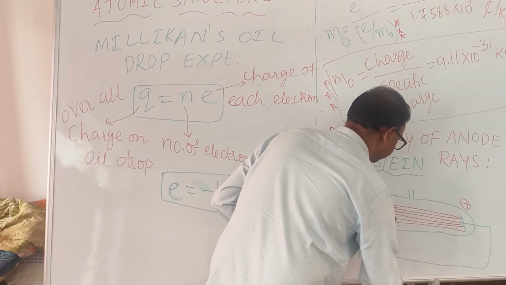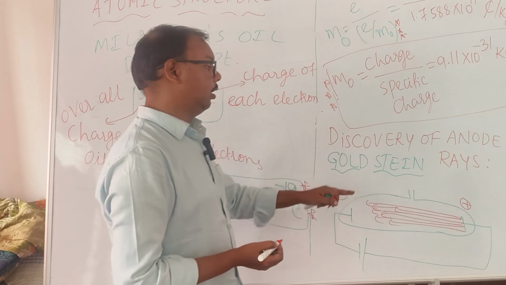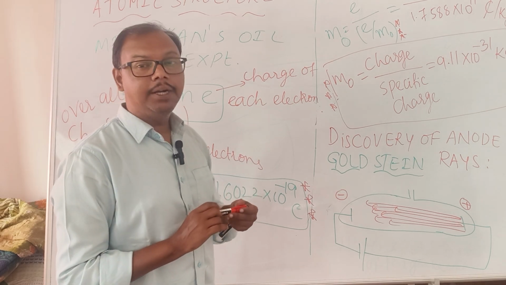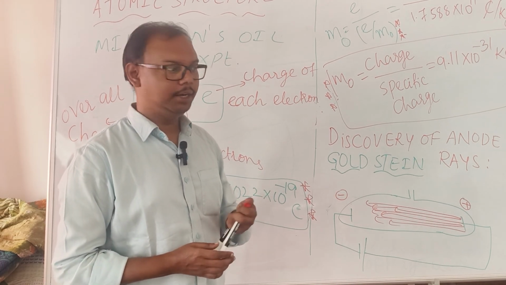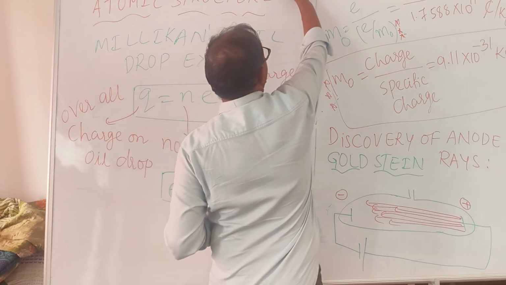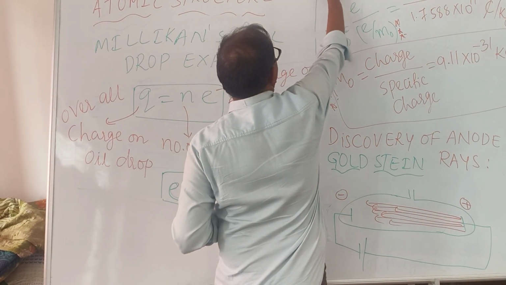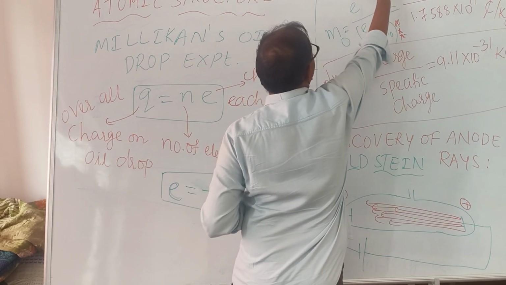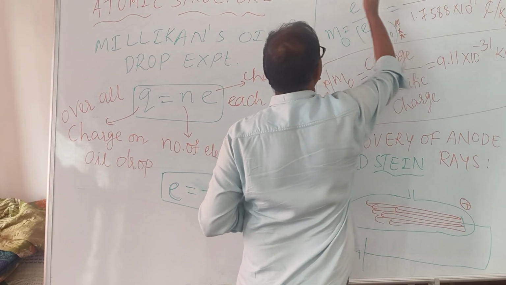In this manner, they travel from anode to cathode. The important note you have to keep in mind is that these rays are invisible, either cathode rays or anode rays.